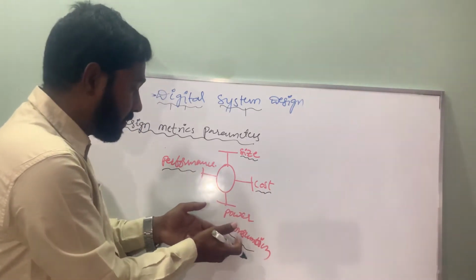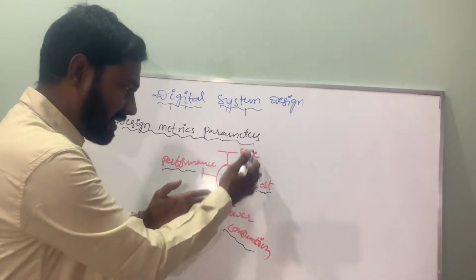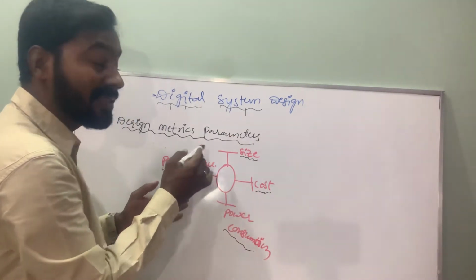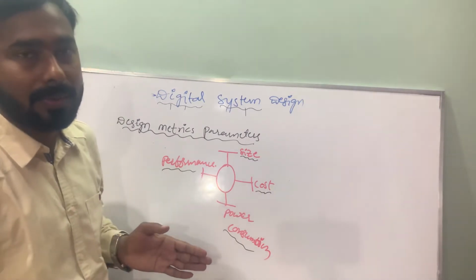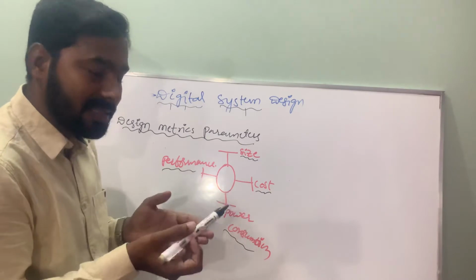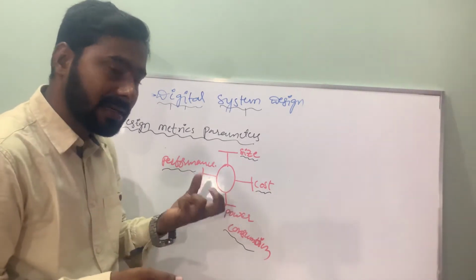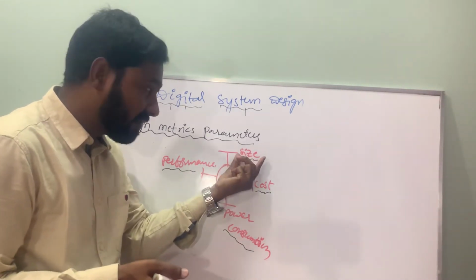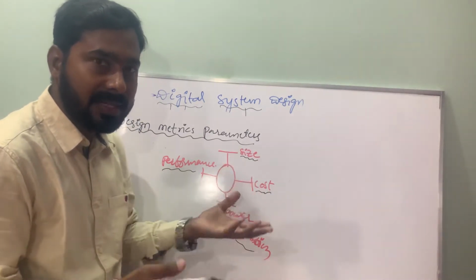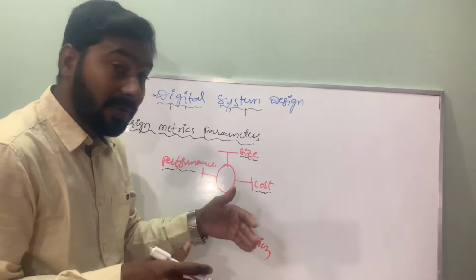If the number of devices is reduced, the performance of the circuit will improve. The size decreases, and automatically the cost decreases because devices are removed, while the performance stays the same.